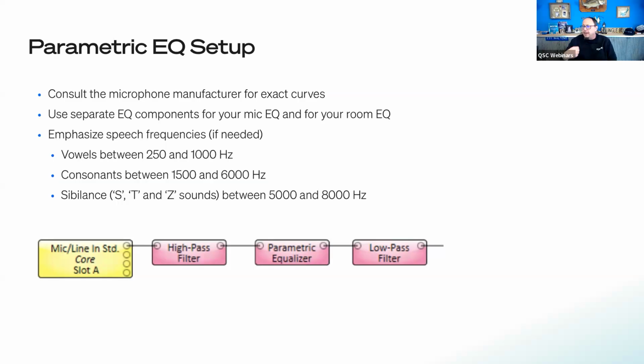Now the last thing is sibilance. For me, I'm old, and I think of the Saturday Night Live skit where Tom Hanks and the Wayne's World guys are setting up for Aerosmith to play in their basement, and they're going sibilance, sibilance. Essentially, those are the S, T, and Z sounds.